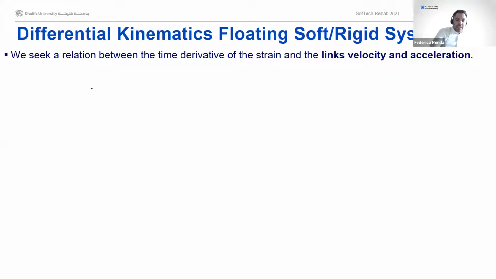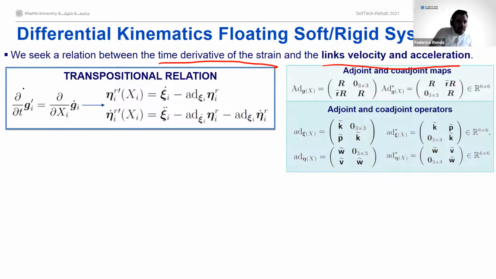Let's move now to the differential kinematics. So we seek now to find a relation between the time derivative of the strain, that are our coordinates, and the link velocity and acceleration. How to do that? We start by equating the mixed partial derivative of g. And if you do that, you immediately find this relation that is called the transpositional relation.